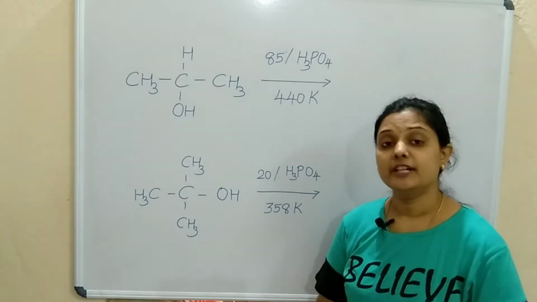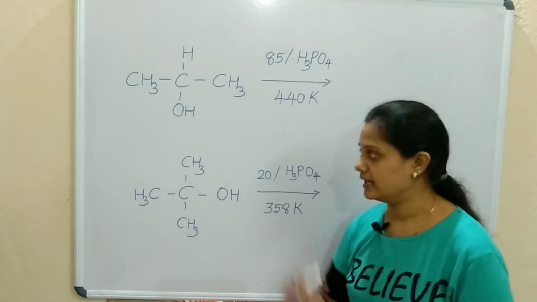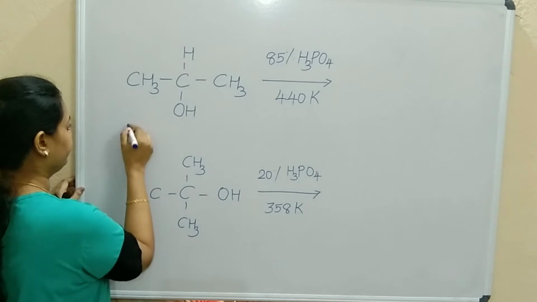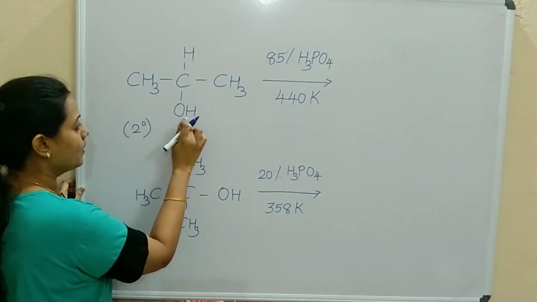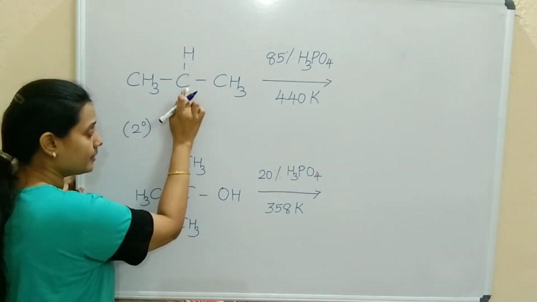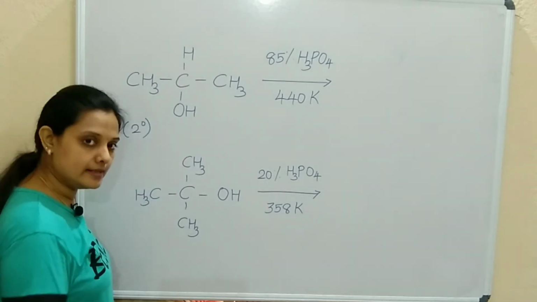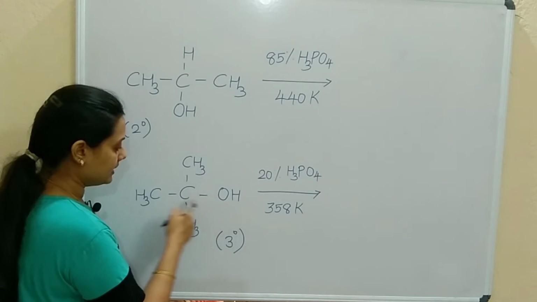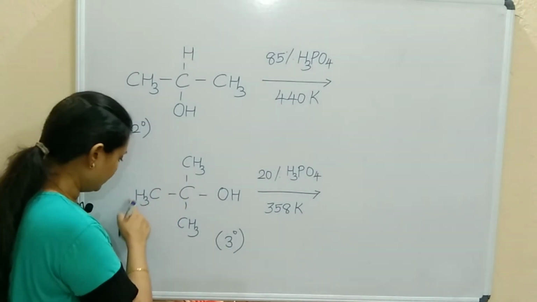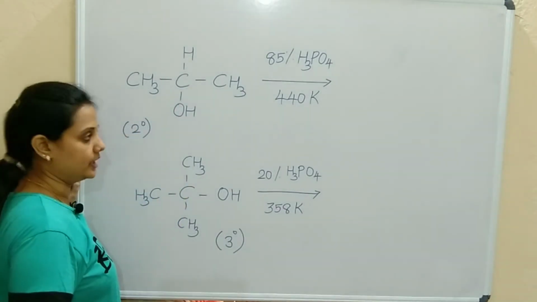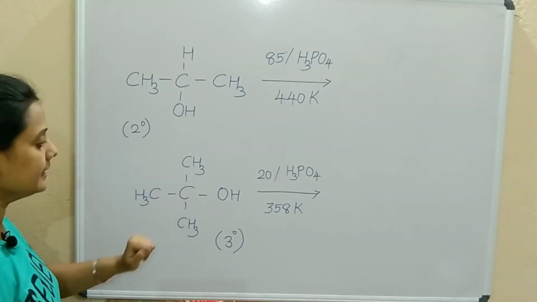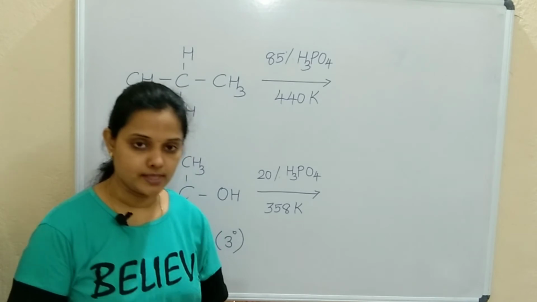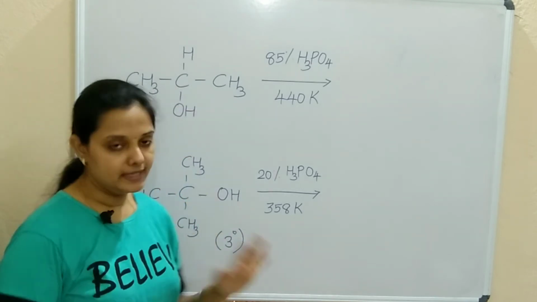Let's see the reaction with tertiary alcohols and secondary alcohols. First I have written the example of a secondary alcohol: OH attached to a carbon that is attached to two other carbons, so that is secondary. This is tertiary: OH attached to a carbon that is attached to three other carbons. Secondary and tertiary alcohols undergo dehydration under mild conditions.